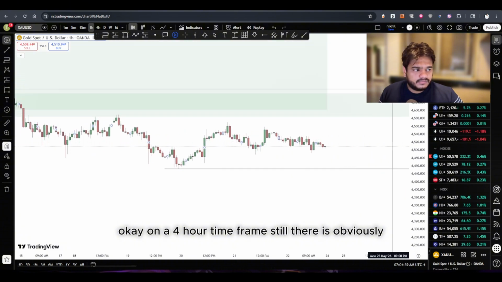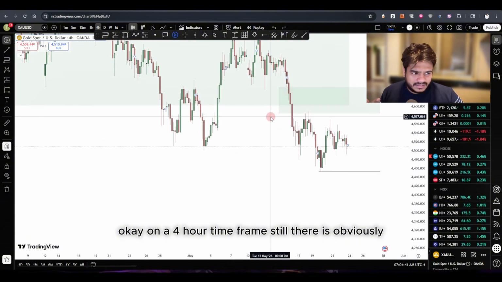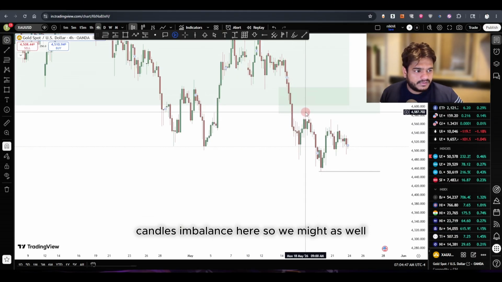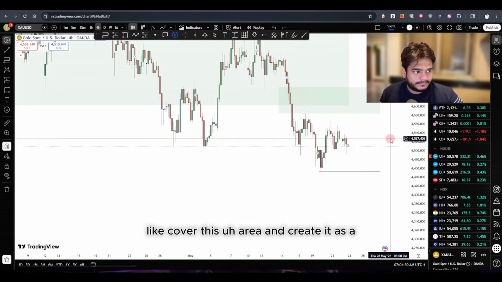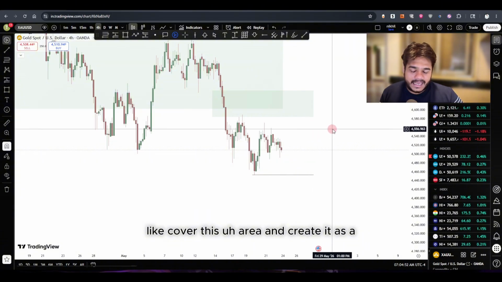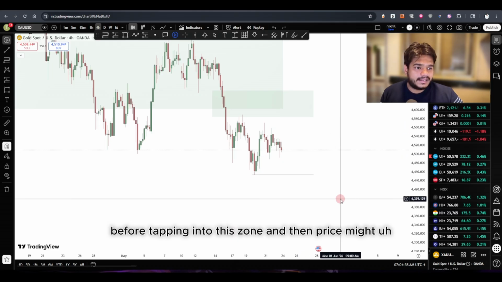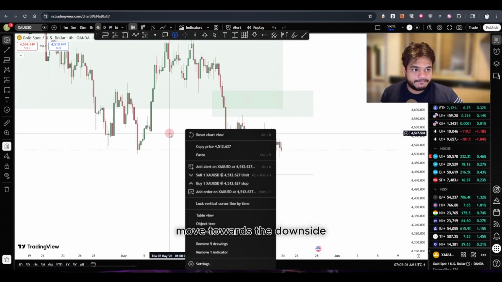Okay, on a 4-hour time frame, there is still obviously a huge bullish candles imbalance here, so we might as well cover this area and create it as an area of liquidity before tapping into the zone, and then price might move towards the downside.